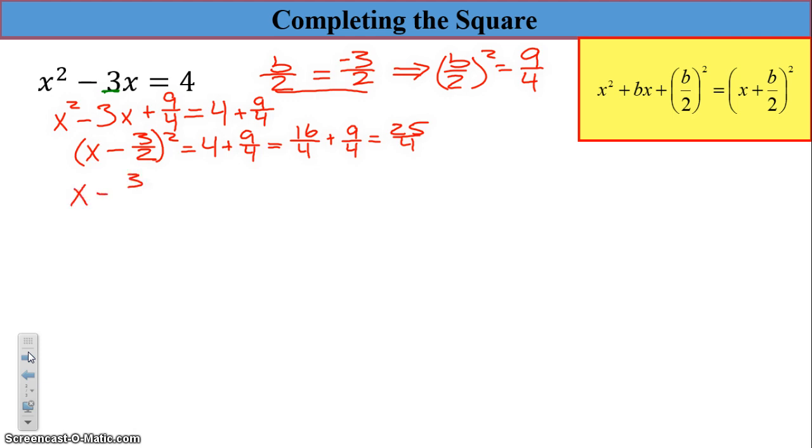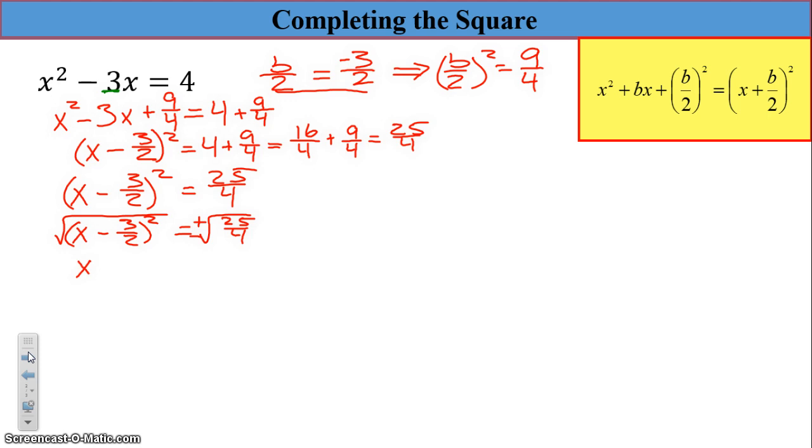X minus 3 halves quantity squared equals 25 over 4. And now we're just solving by square root. So we'll take the square root of both sides. And make sure to write that plus or minus because it could be either or.